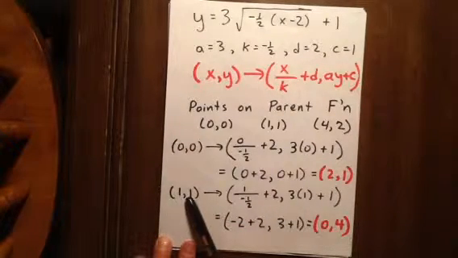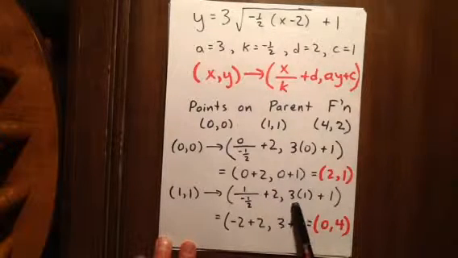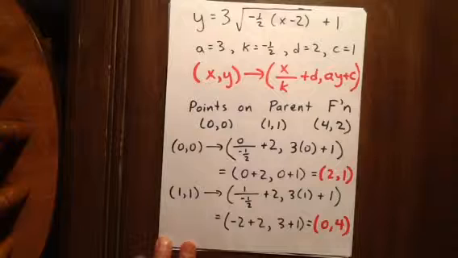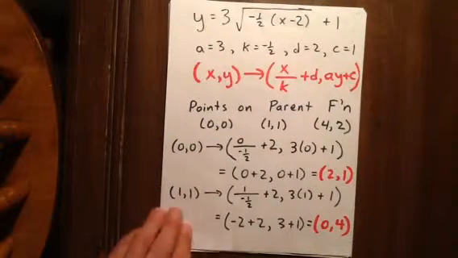The point (1, 1) is going to map onto (1 over k plus d, 3 times 1 plus c). And evaluating this using BEDMAS gives us an x-coordinate of 0 and a y-coordinate of 4. So the point (1, 1) maps onto the point (0, 4).